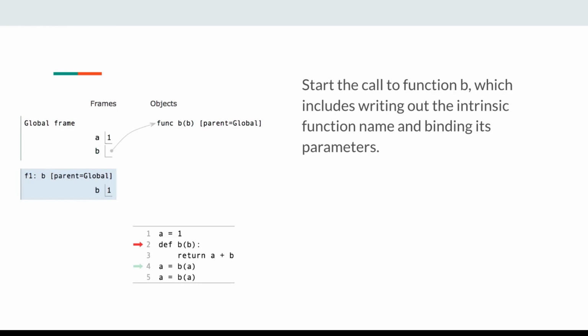If I change the A value in the B function, will the global A be changed? That's a great question. If in our B function we defined a new A inside of it, our return value would look a little different, because return A plus B would use not the A which is 1 in the global frame, but the A inside our function.